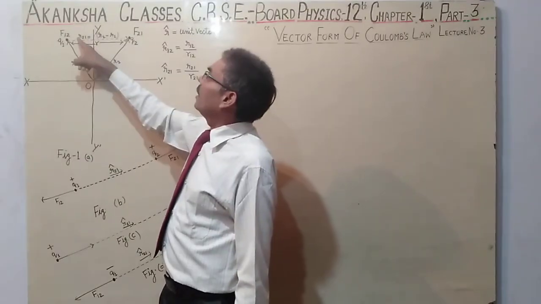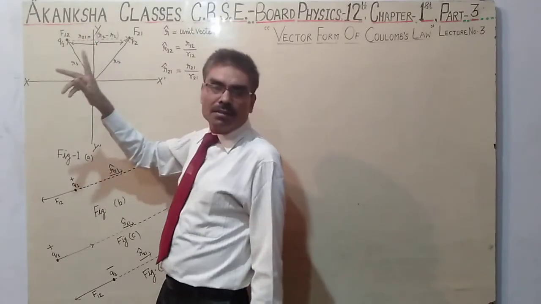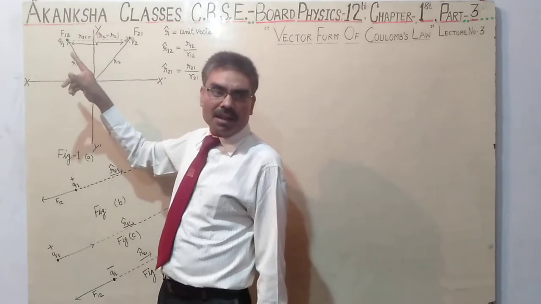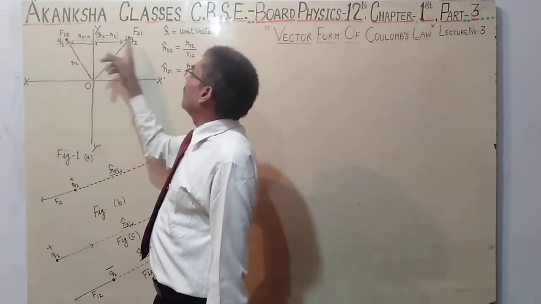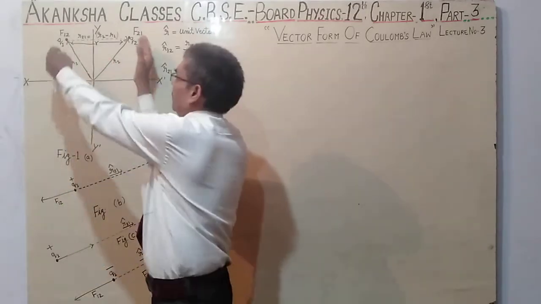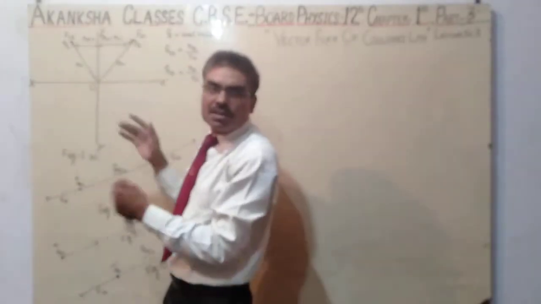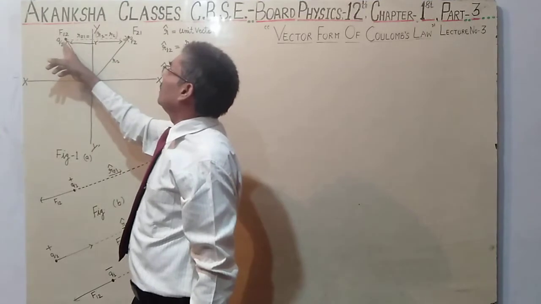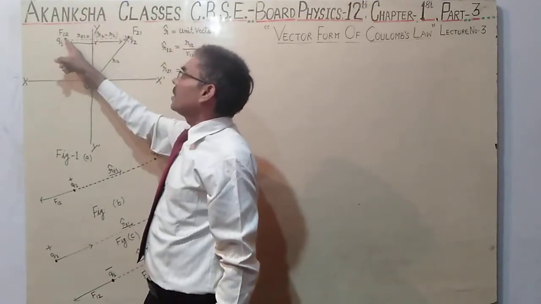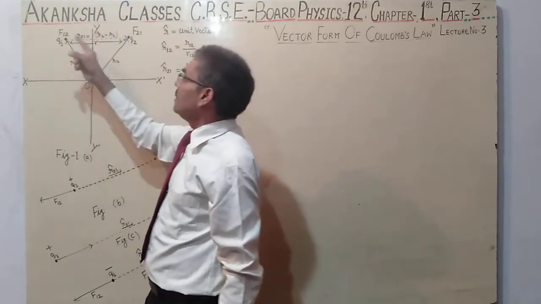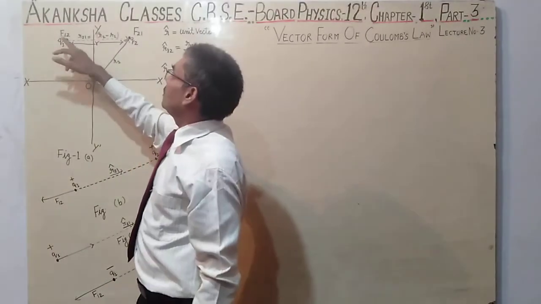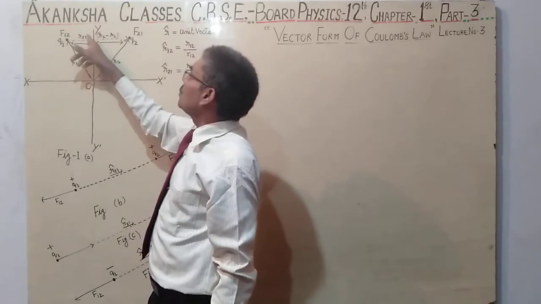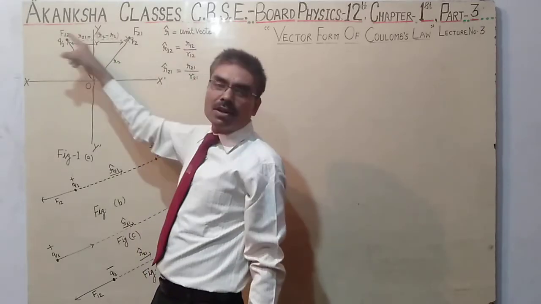Hence R21 means the resultant of separation in the vector form, that starts from 1 to 2. This means the radius or distance between charges 1 and 2.